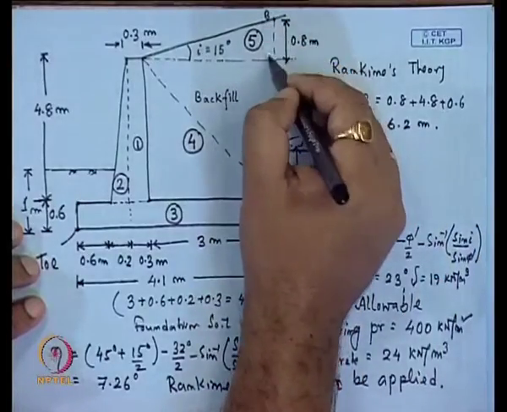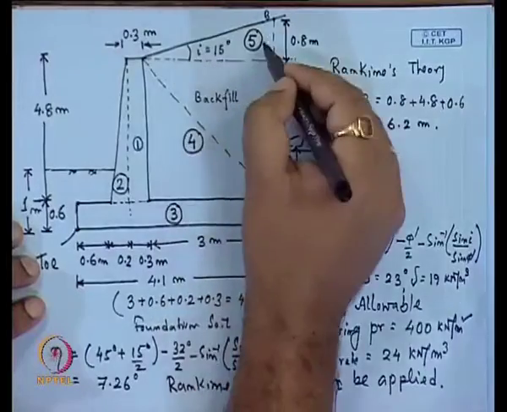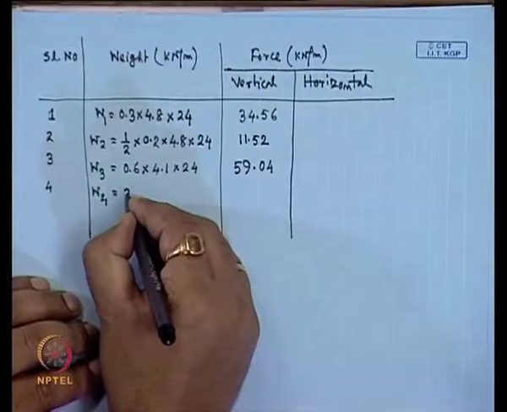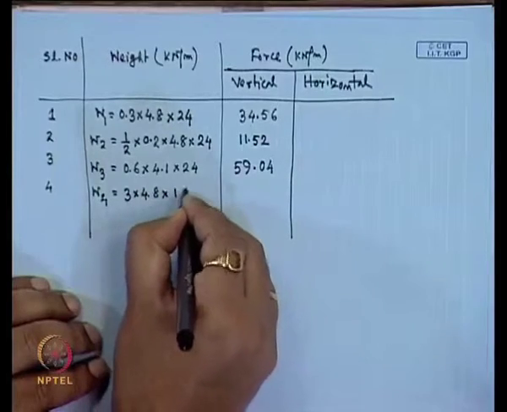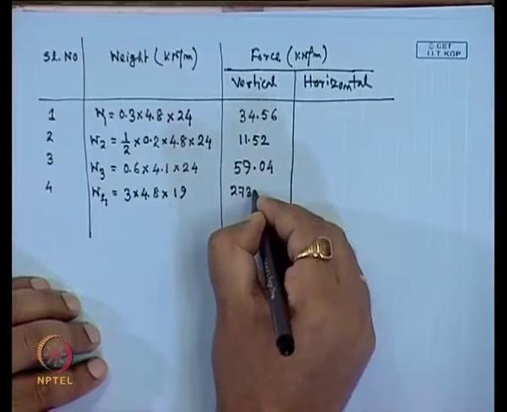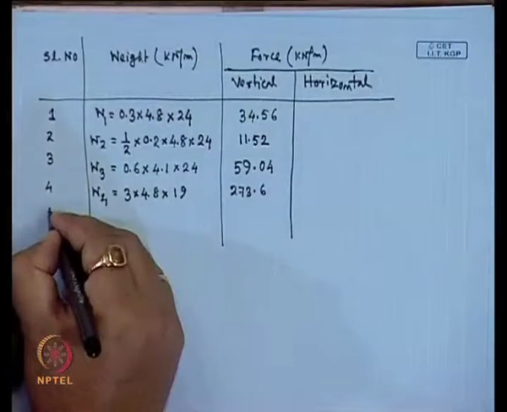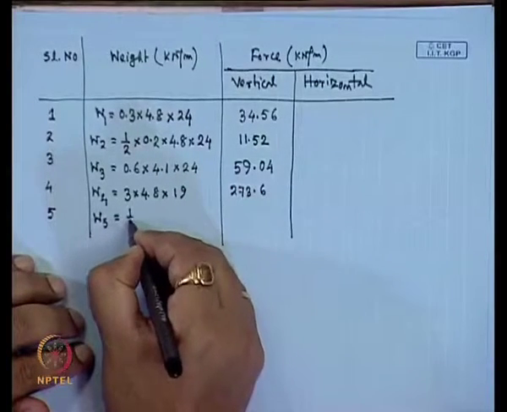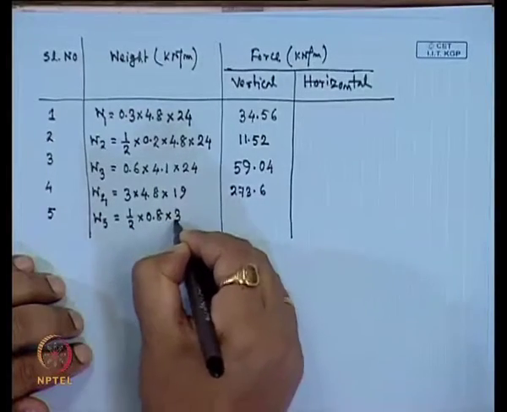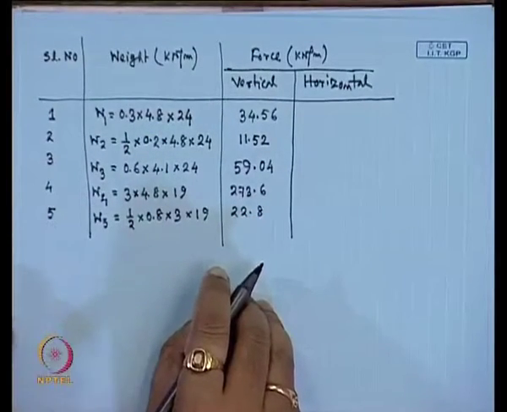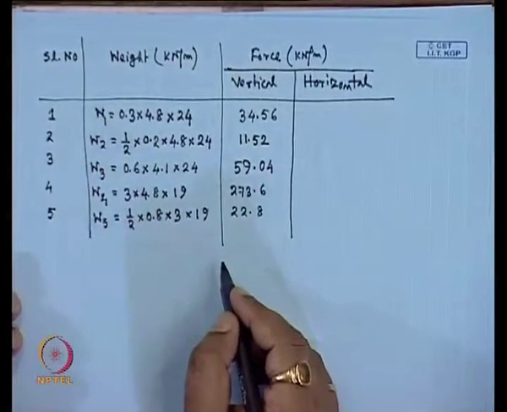For the fifth segment, the triangular one for the soil, it is half into 0.8 into 3 into 19, and that value is 22.8 kilonewton per meter.